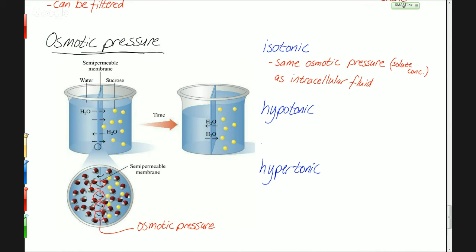So that's what that refers to. So hypotonic is a lower solute concentration, and it leads to an increased osmotic pressure on the cell membranes.